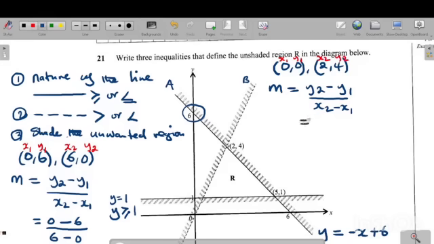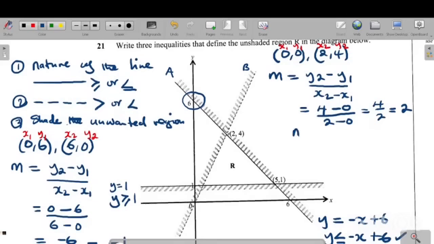We have y2 is 4, so 4 minus y1 is 0, over x2 is 2 minus x1 is 0. So we are having 4 over 2, giving 2. So the gradient m is equal to 2.